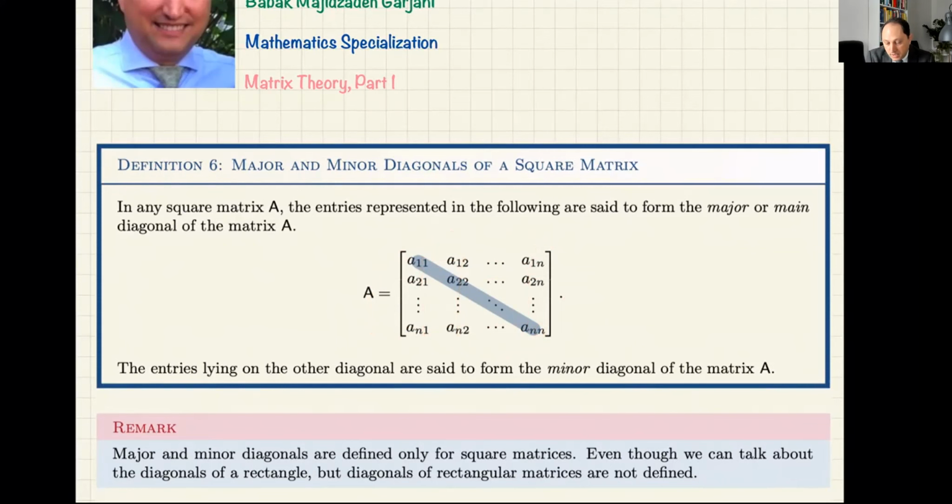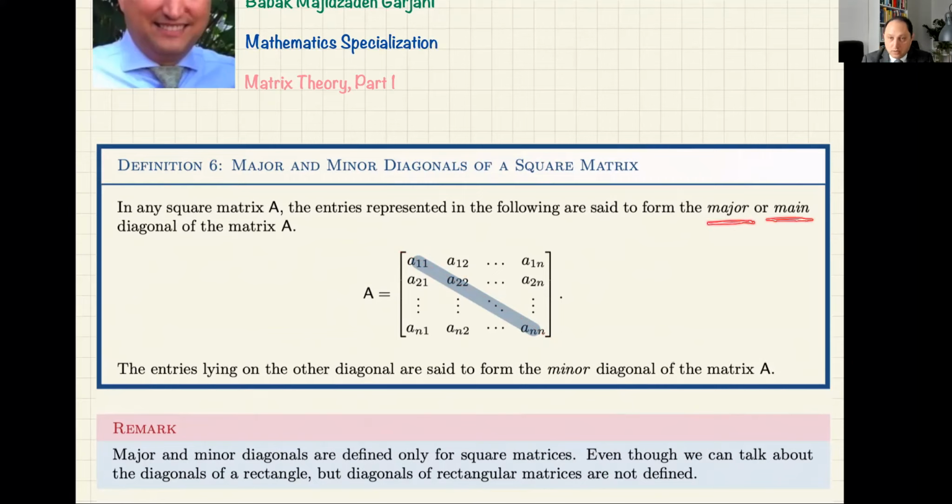And then what I'm saying is that these entries, this is called the main diagonal of this matrix. So the entries on this diagonal are called the entries of the main or major diagonal of a matrix. Okay?